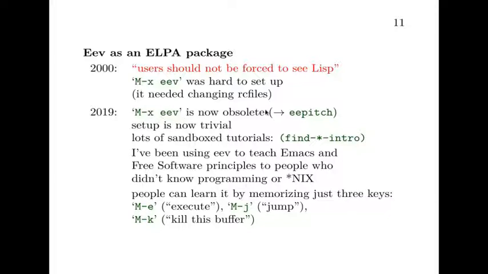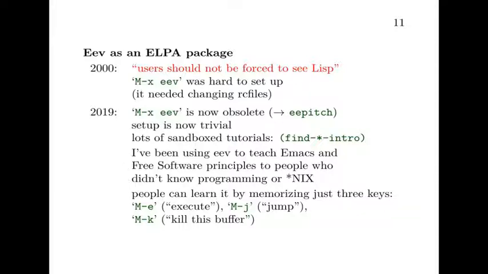Meta-x eev is obsolete now. I use something called eepitch instead. The setup is now totally trivial. EEV comes with lots of sandboxed tutorials with names like "find something intro." And I've been using EEV to teach Emacs and free software principles to people who don't know anything about programming or Unix.